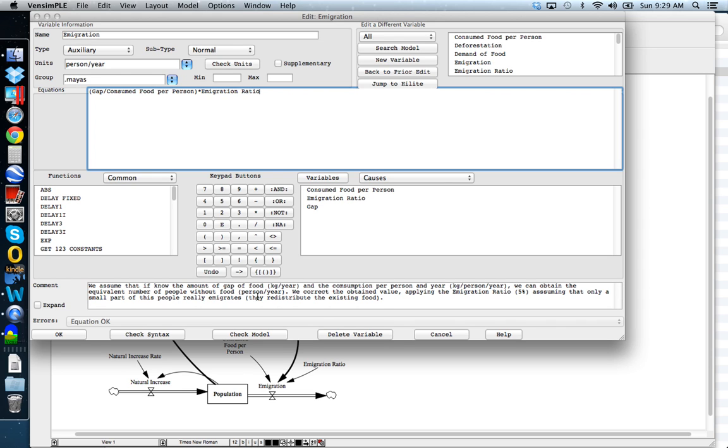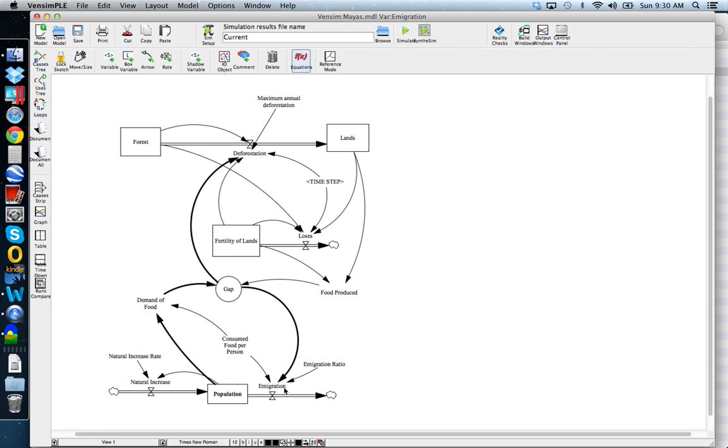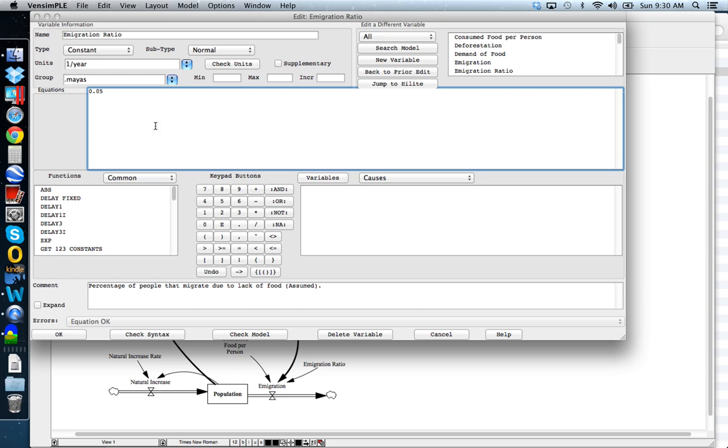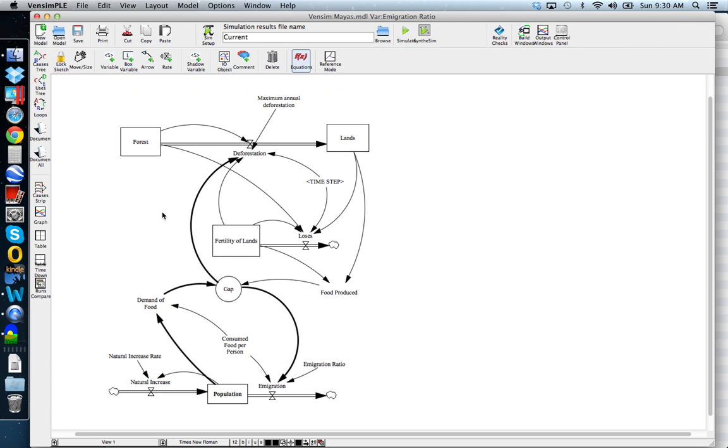So there'll be a fraction of people that don't have enough food that will choose to leave, in persons per year, and the emigration ratio that was given there was 5%. So 5% of people per year would migrate, of those that have a lack of food.